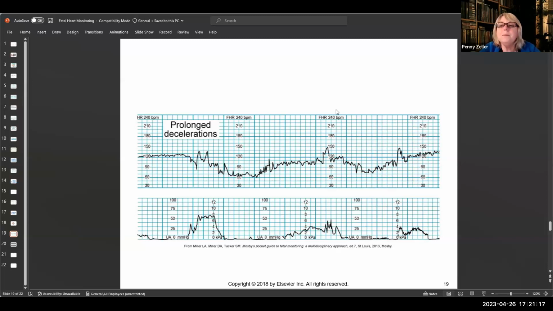Okay, so it might have been the cord also. Prolonged decelerations with variable decelerations would definitely be a cord problem. And that might be why they were turning you to different positions, trying to get the baby off the cord. So did you ever end up on your knee chest?